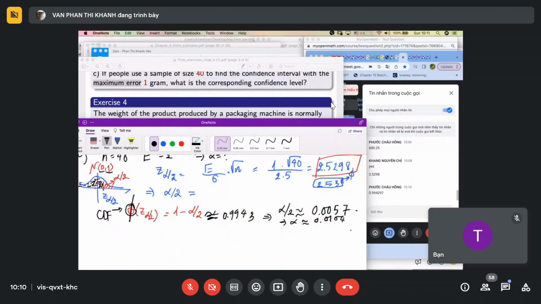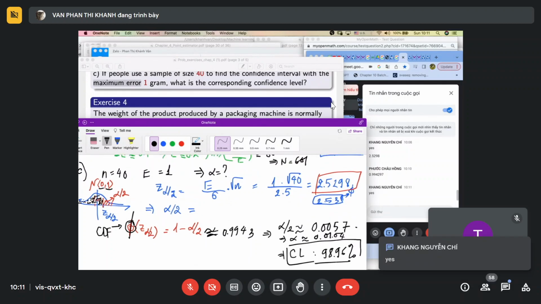If alpha is 0.0104, the confidence level is 100% minus 1.04%. So it's about 98.96% confidence. Do you understand? Yes or no? Yeah.